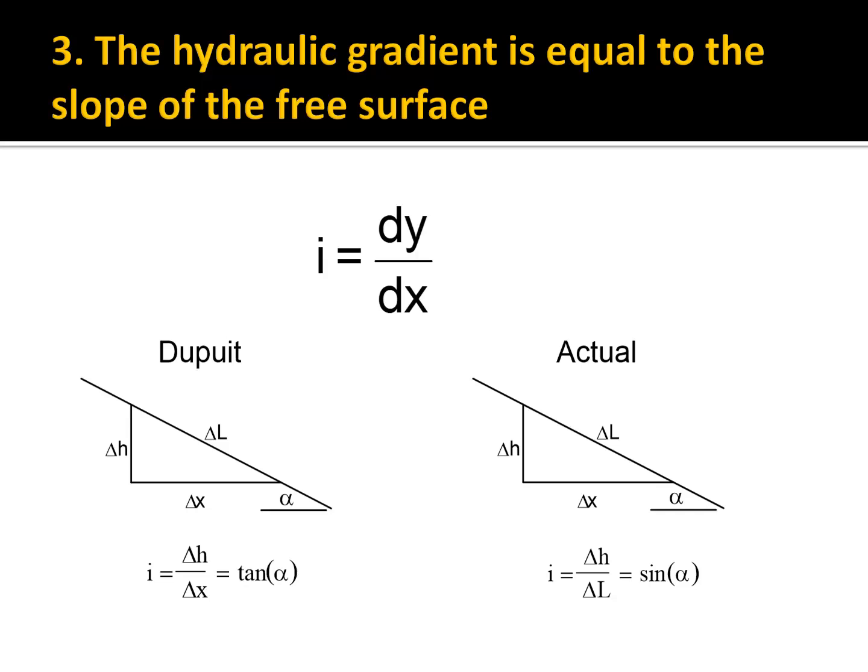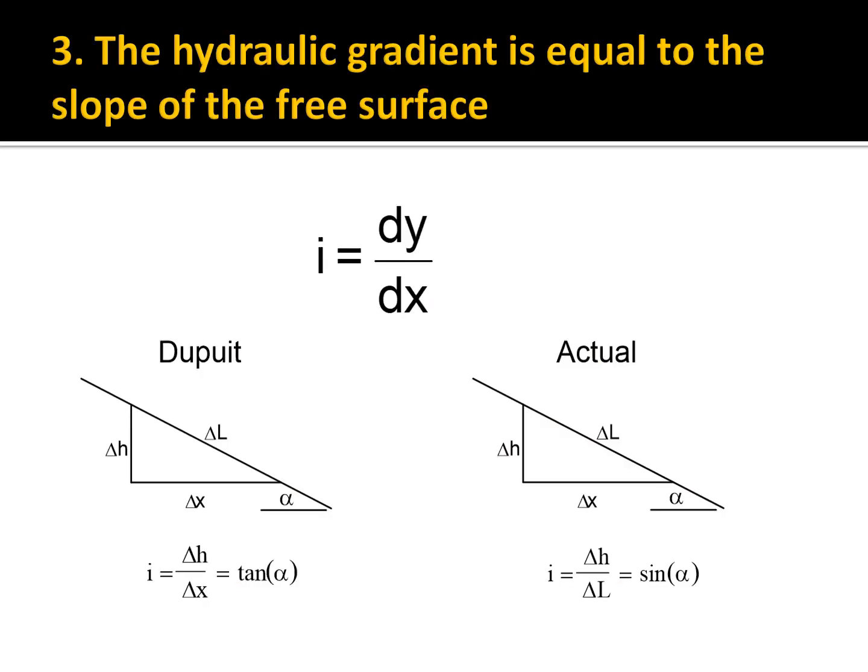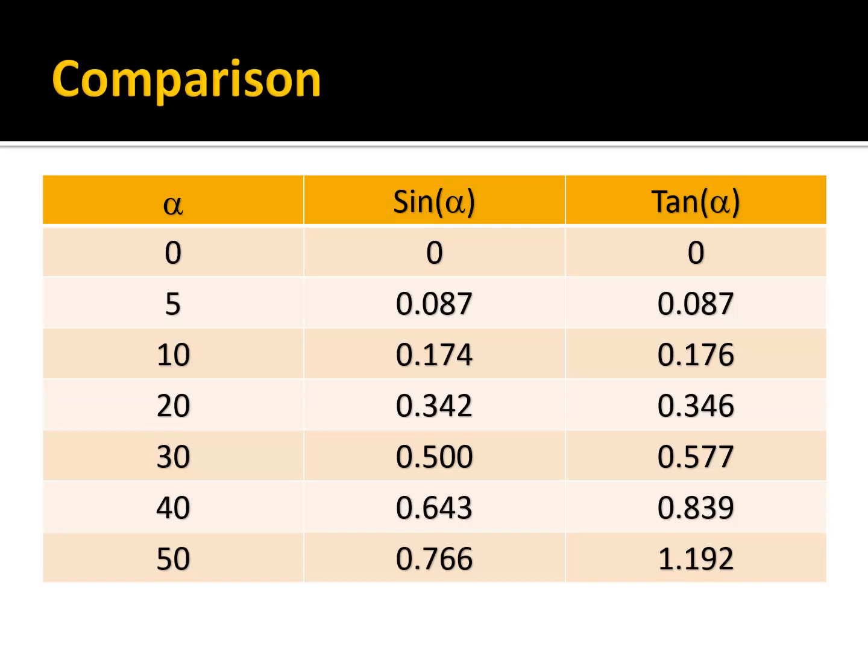Now, what kind of assumption is this? This chart shows for a range of alphas, slope angles of the free surface. Again, the sine would be the actual, and the tan would be the simplifying assumption you get with the Dupuit assumption number three.